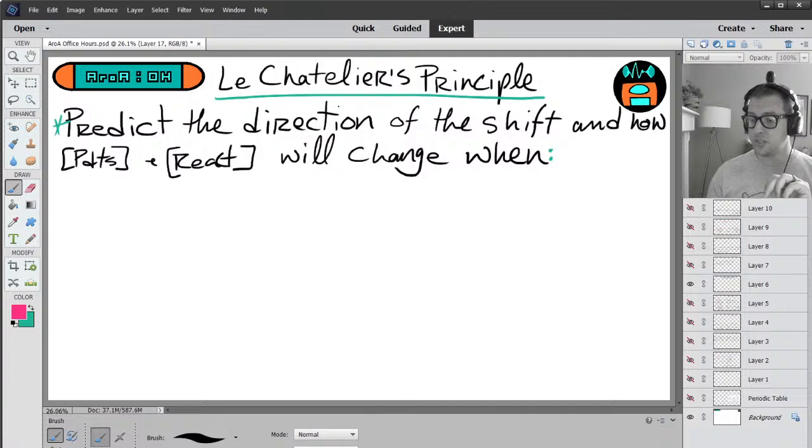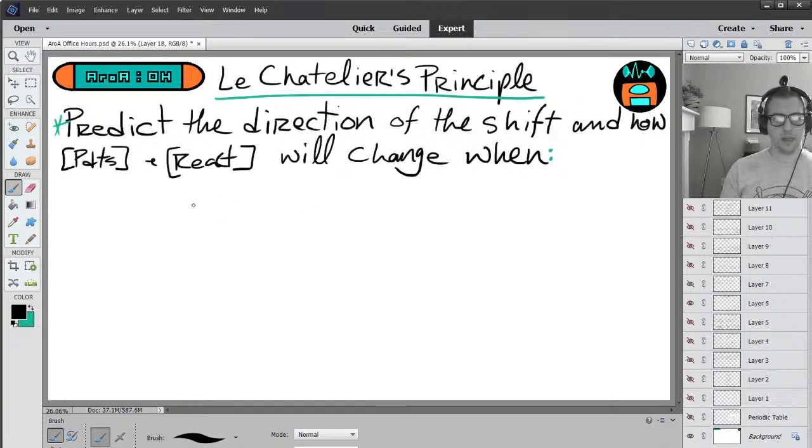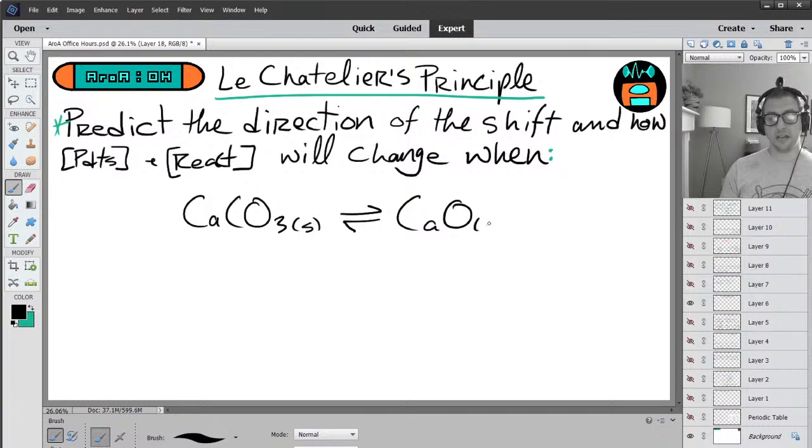Okay, let's do another. We're going to look at two more reactions. All right, the first is a decomposition reaction, the decomposition of solid calcium carbonate into solid calcium oxide and carbon dioxide.